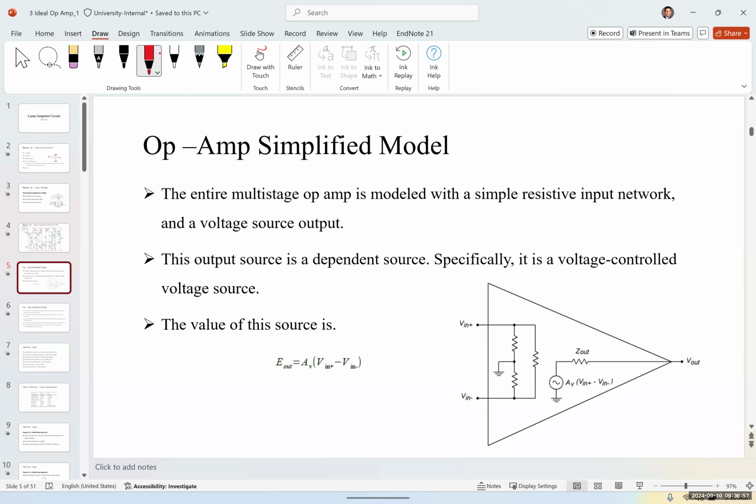And the value of the source, the output voltage, would be AV, or the total gain, times Vn positive minus Vn negative. So this is just a modeling of what we already know.